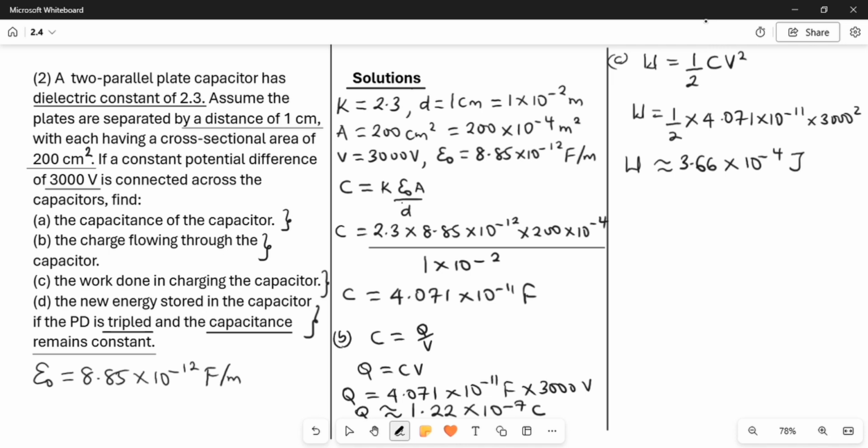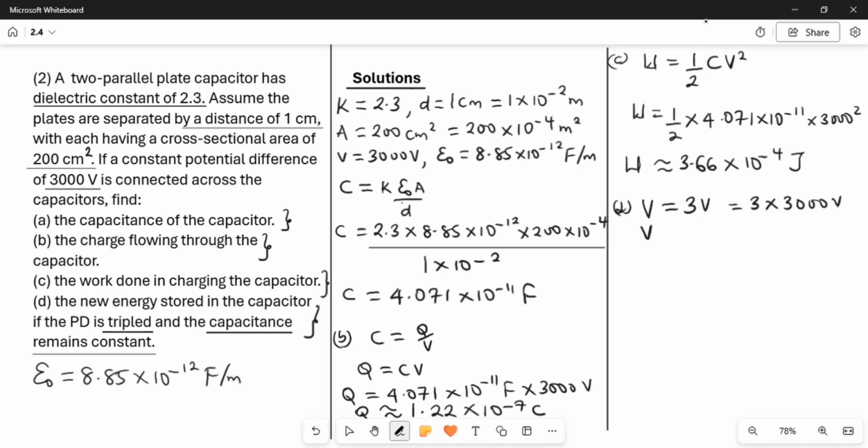Then the fourth question says we should calculate the new energy stored in the capacitor if the potential difference is tripled and the capacitance remains constant. If the potential difference is tripled, it means our new potential difference will be 3V, which is 3 times 3000.